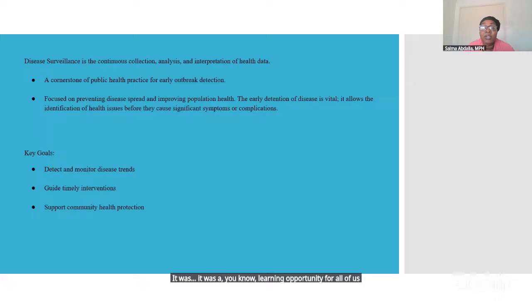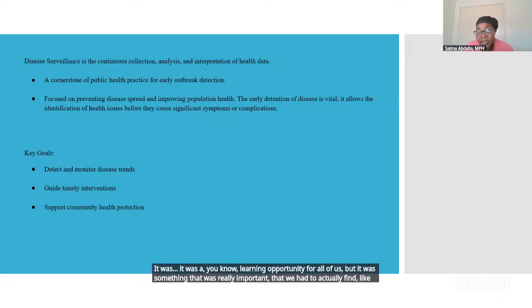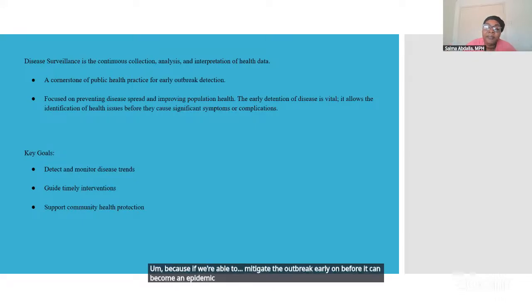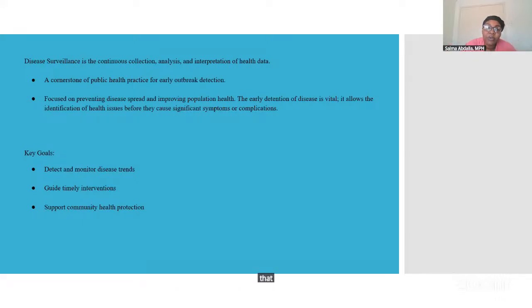It was really important that we find the positive cases before they could spread, and find them early on, because if we're able to mitigate the outbreak early on before it can become an epidemic, then we can save lives and more communities can be saved.